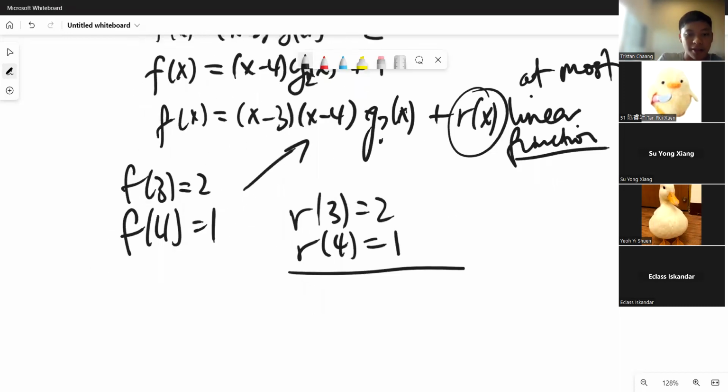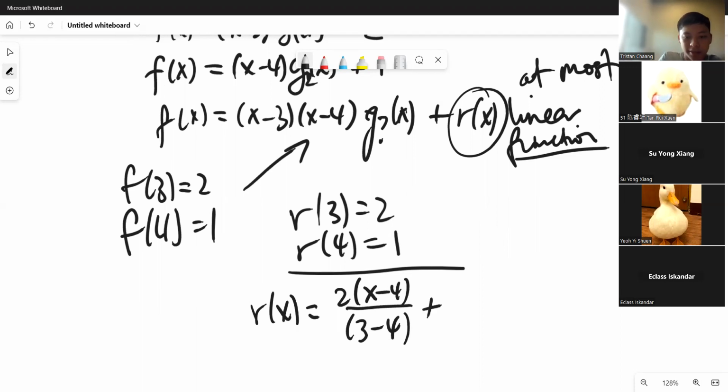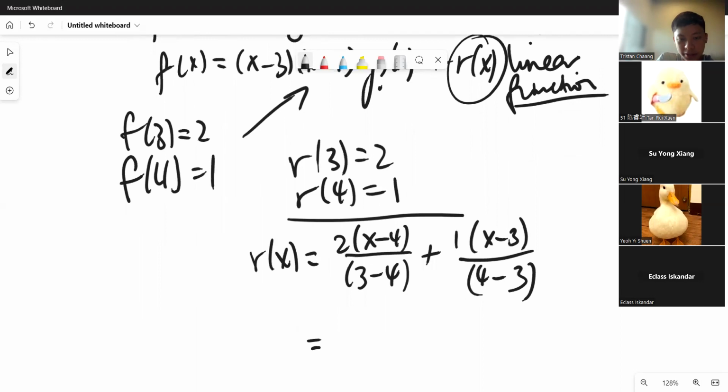So Lagrange, or you can just literally do the mx plus c or whatever. But if you want to use Lagrange, we can just say this is 2 times (x minus 4) over (3 minus 4), plus 1 times (x minus 3) over (4 minus 3). So that's 2x minus 4 minus 2x plus 4 plus x minus 3.